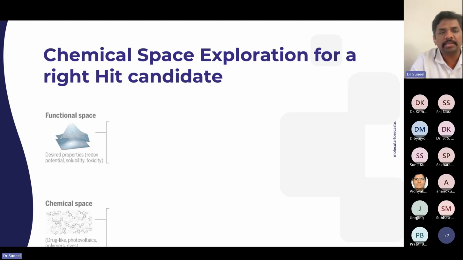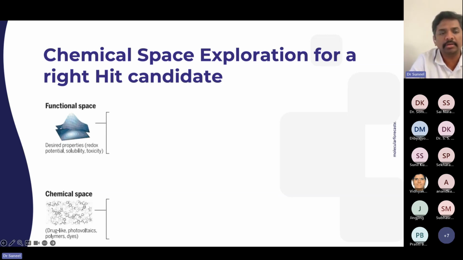In this chemical space exploration, all we are trying to do is take millions or billions of compounds in a database and find the molecule of our choice out of billions. Our requirement is the desired properties: it should be drug-like, soluble, and less toxic, and the compound should be active on the target of our interest.